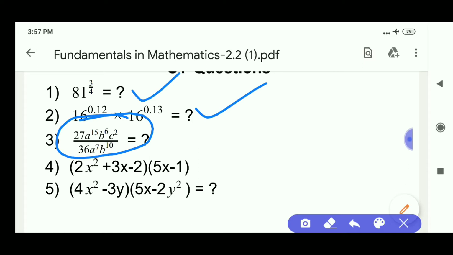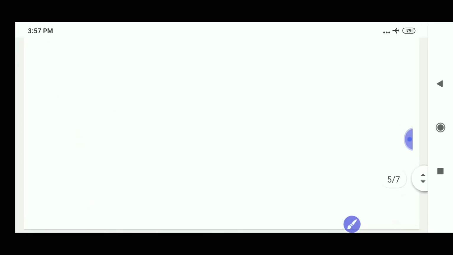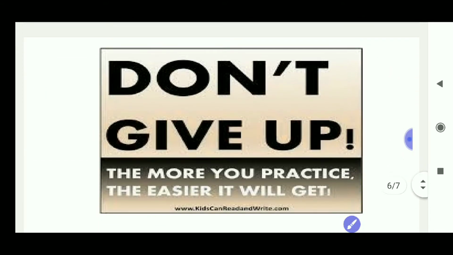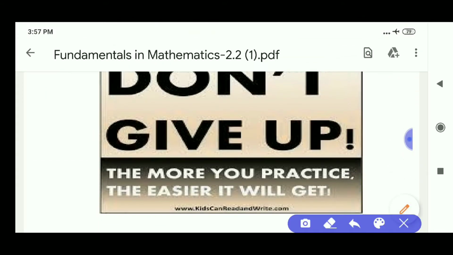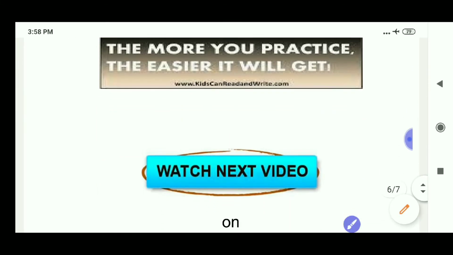Simplify it. Similarly, find the multiplication. Don't give up. Practice, practice, practice. The more you practice, the easier it will get.